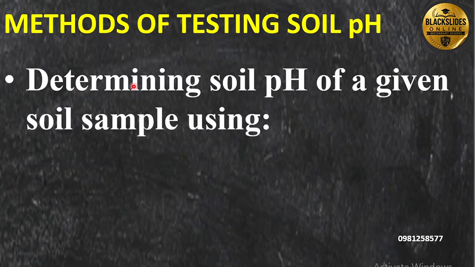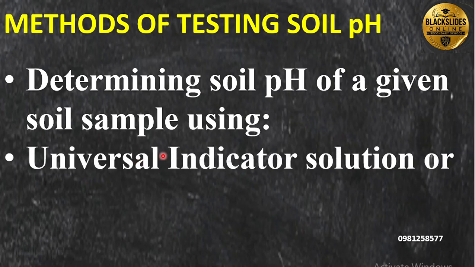Soil pH can be determined by using any of the two methods, namely by using what is called a universal indicator solution. We shall see how this can be done. You can also use litmus paper.